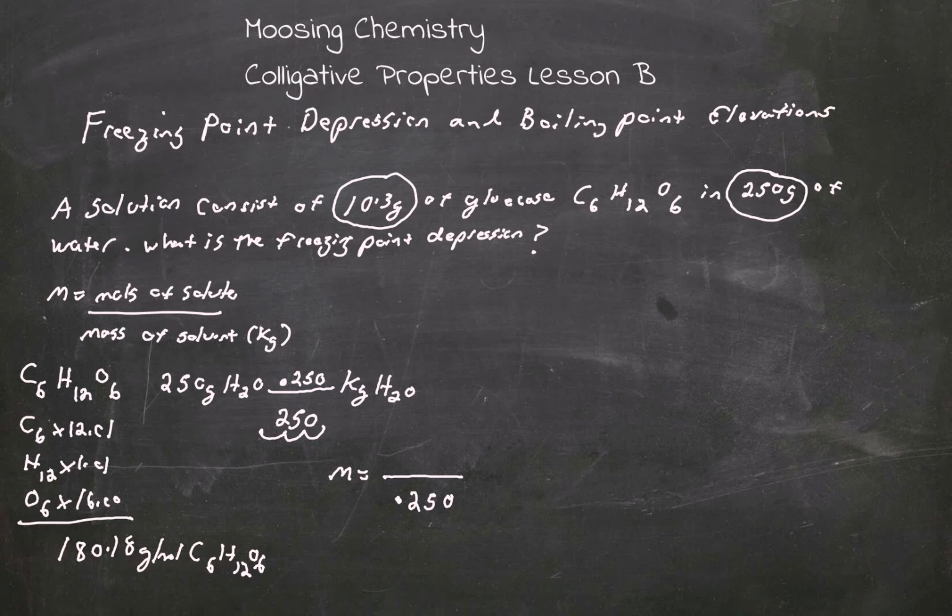So we need to come over here, and we're going to go 10.3 grams of C6H12O6 times 1 mole of C6H12O6, divided by 180.18 grams. And where did that come from again?